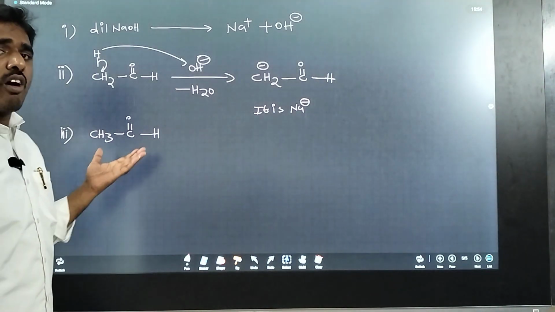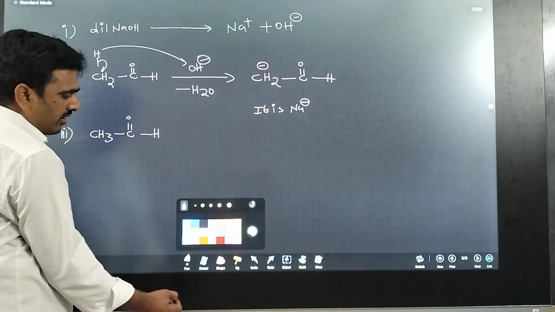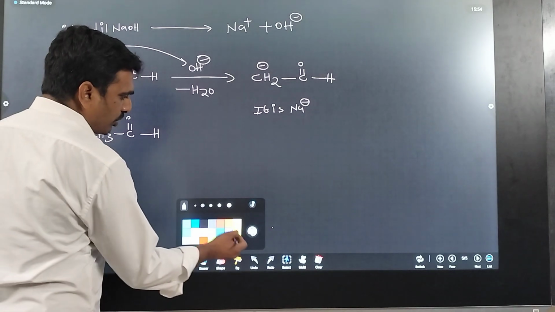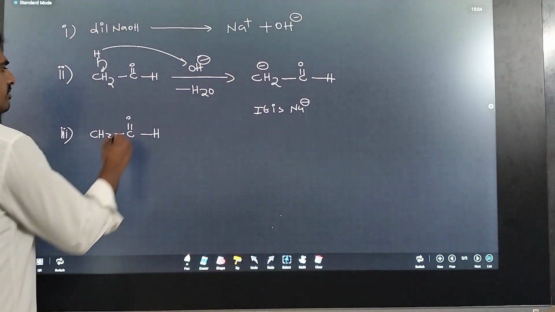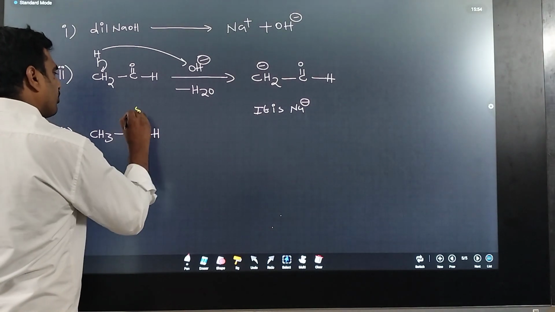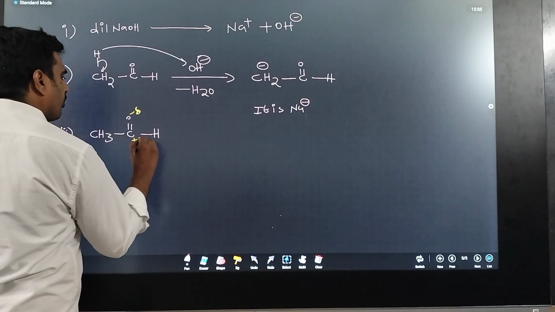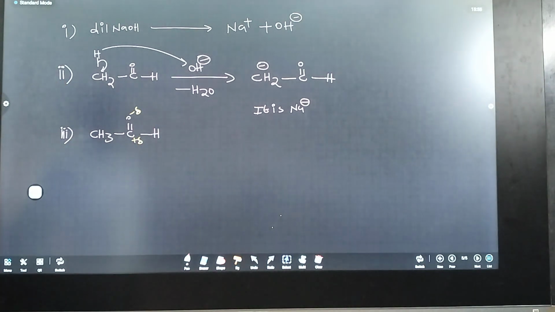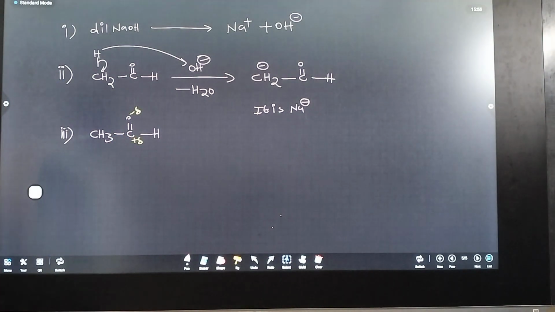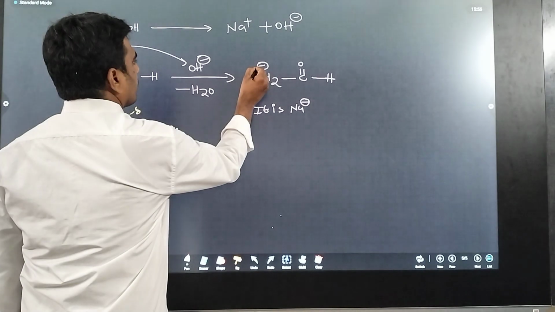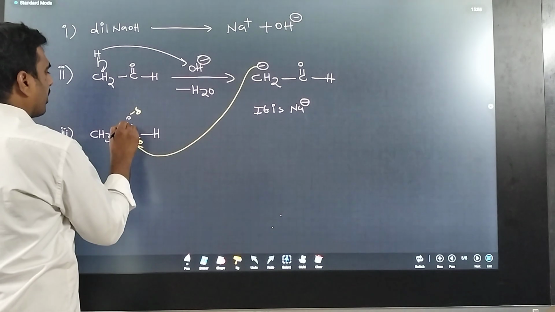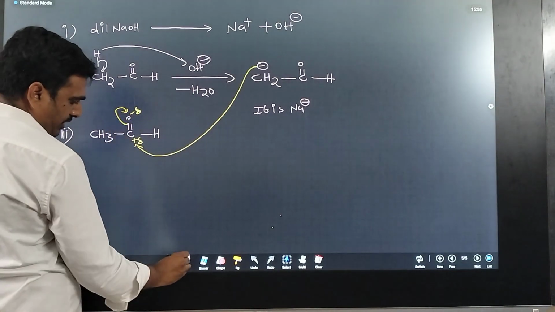So generally carbonyl compounds, generally aldehydes, participate in nucleophilic addition. So here oxygen more electronegative, partial negative, carbon partial positive. So that's why this nucleophile attacks on electrophilic center.